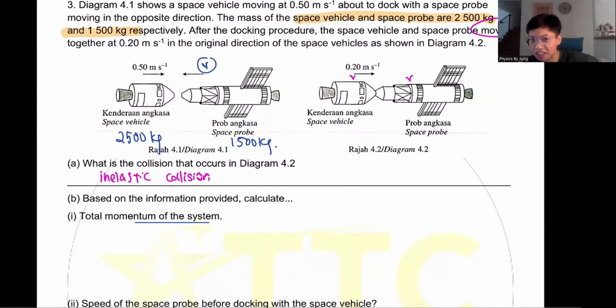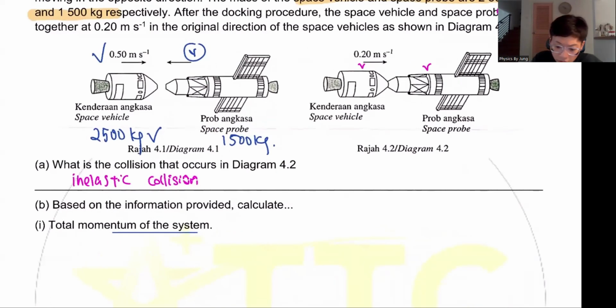Anybody got any suggestion how to find that V? No, not to use SUVAT. You see, I got this mass and this velocity, but I don't have this mass and this velocity. If I try to calculate the total momentum of the system, it's the space vehicle, SV, and the space probe, SP, momentum added together, right?